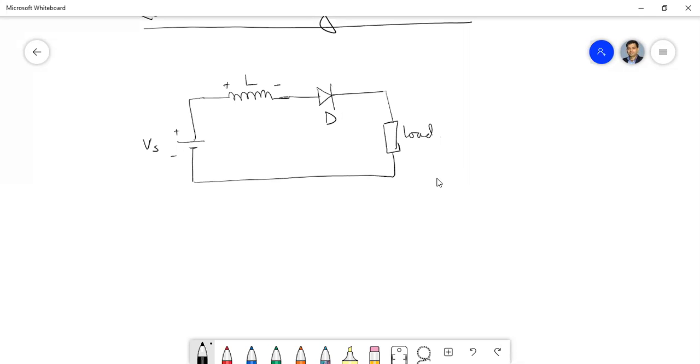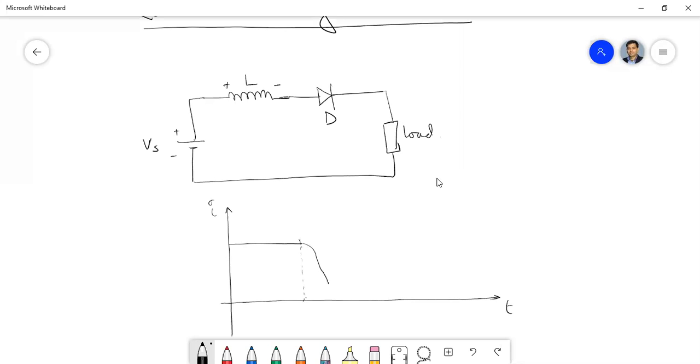Okay, so if I draw the phenomena by a diagram, suppose there is a forward current like this, and at this instant I have applied the reverse bias. Now what happens?